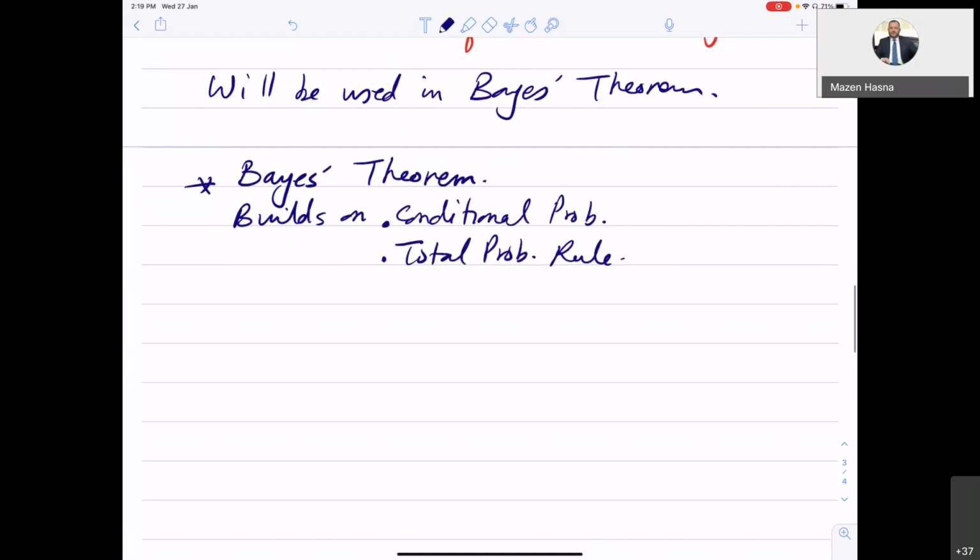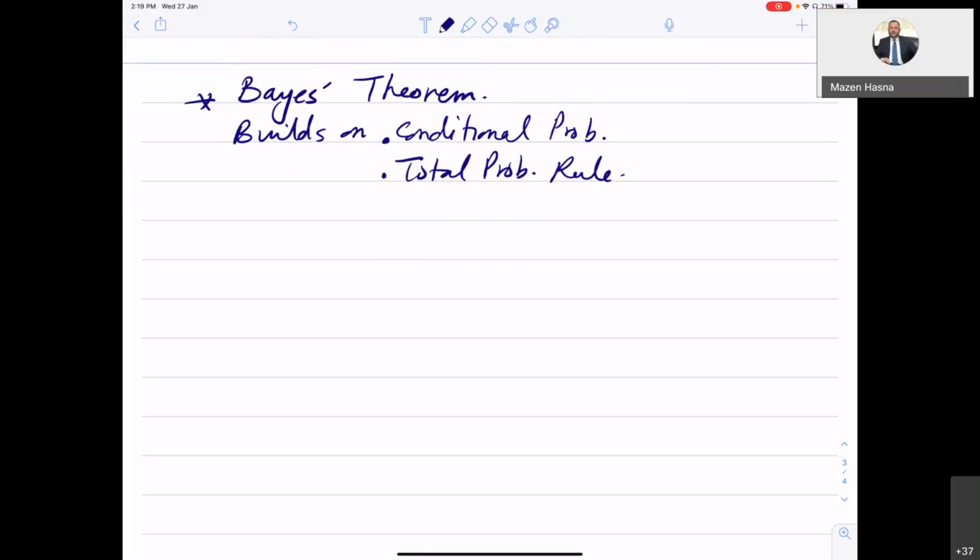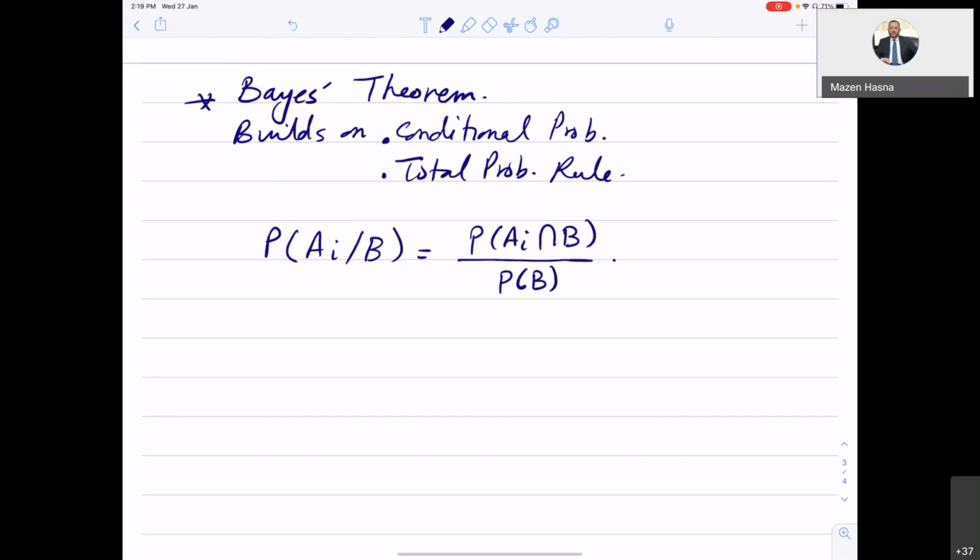From conditional probability, we know that probability of A_i given B is what? Probability of the intersection divided by the probability of the event that already happened. Again, this is the conditional probability rule that we did last time.